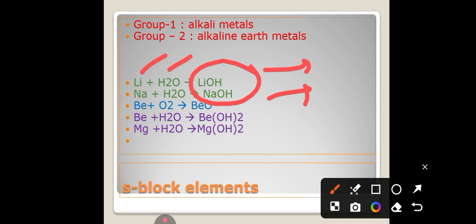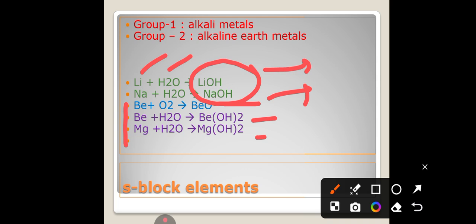Now the second group is called alkaline earth metals. I've taken some examples: beryllium and magnesium. If you observe beryllium and magnesium, when they are treated with oxygen and water, we get their oxides and hydroxides. Now these oxides and hydroxides, students, are obtained from the earth's crust. It could be magnesium hydroxide, beryllium hydroxide or calcium hydroxide.